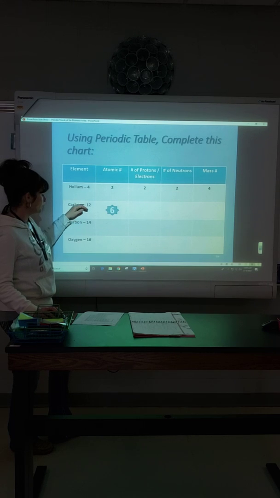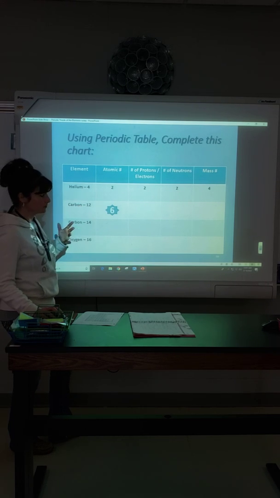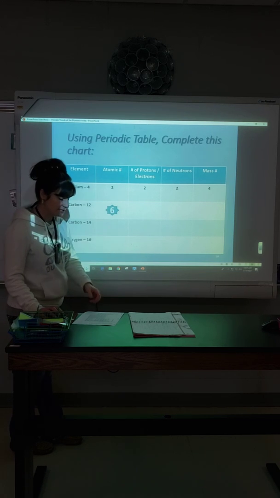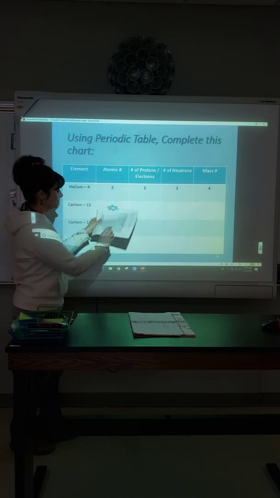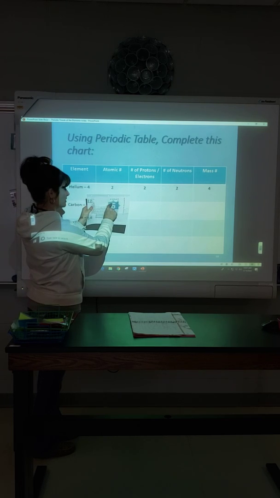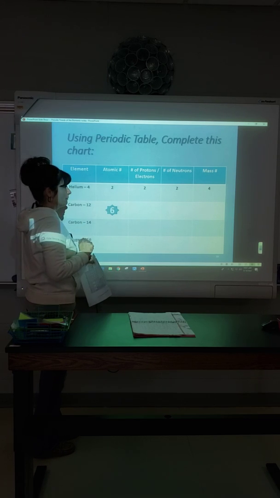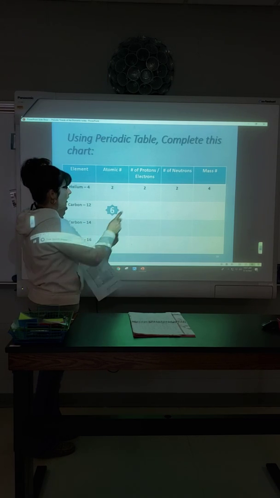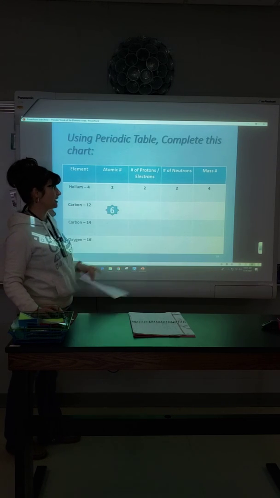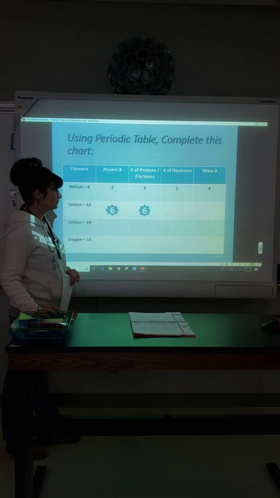Okay, so carbon 12. Carbon 12 is our typical carbon. If you look at the C on your periodic table, the top number on our chart is the atomic number. It's the small one and it's a 6. That's where that 6 came from. Now, if I have an atomic number of 6, then I have to have 6 protons as well.